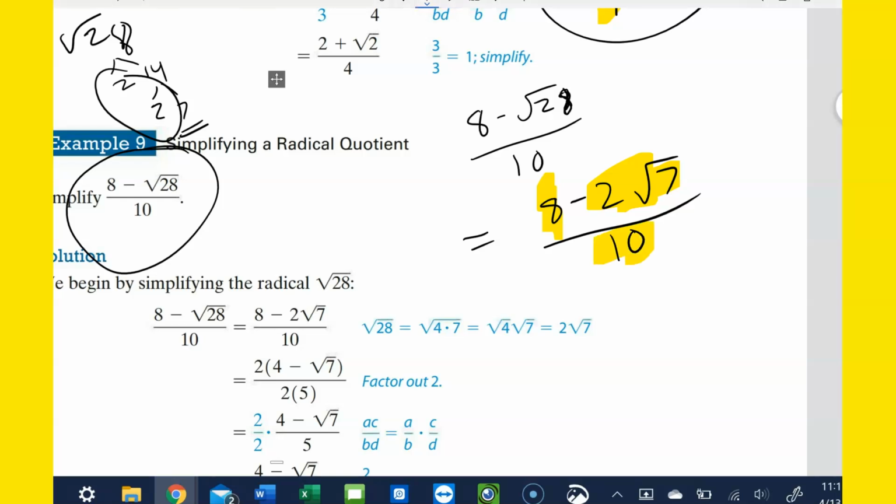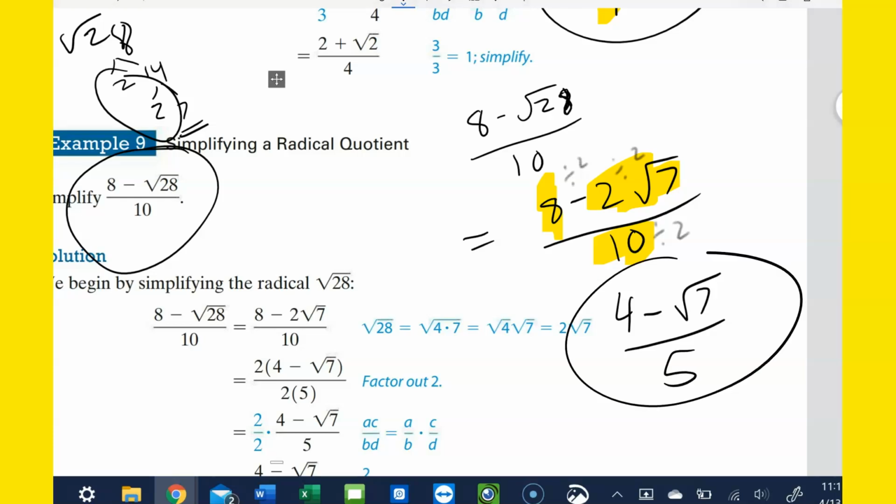What can they divide by? They can all divide by 2. Divide by 2, divide by 2, divide by 2. So now my answer is 4 minus 1 square root 7, or just square root 7, over 5. And that's my answer to that.